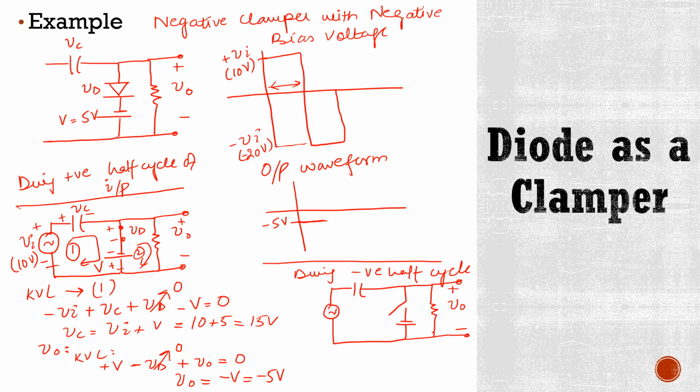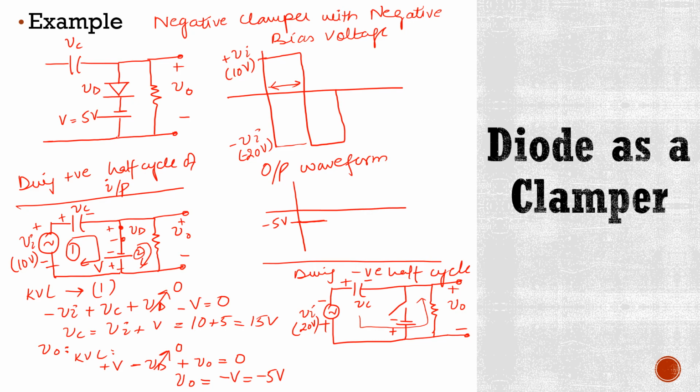And here we are talking about negative half cycle. So this is negative, this is positive, this is Vi, and here we have 20 volts here. This is Vc, this terminal is positive, this is negative, this is positive. Okay. Now again, this current will flow in this direction and it will not flow through this diode. It means now current will directly flow towards the output.